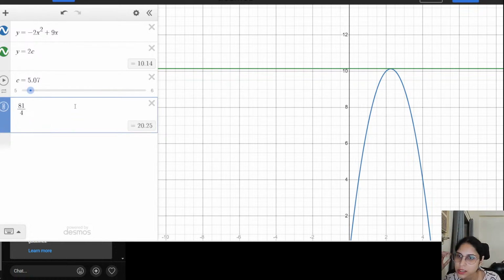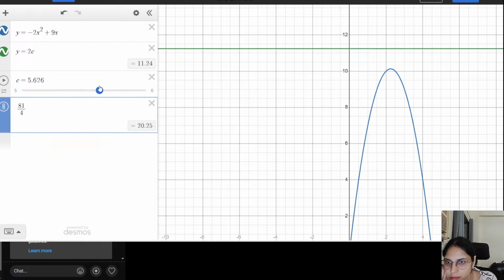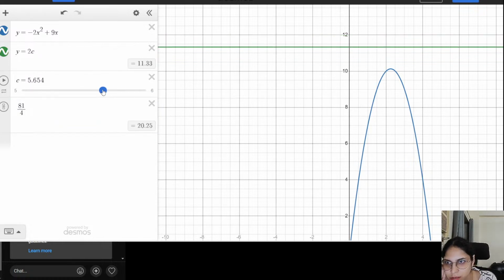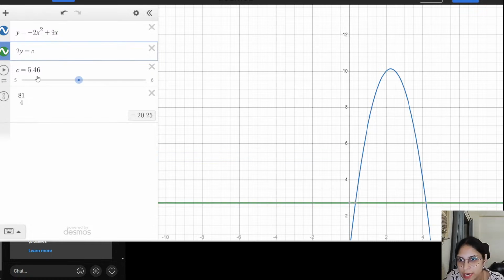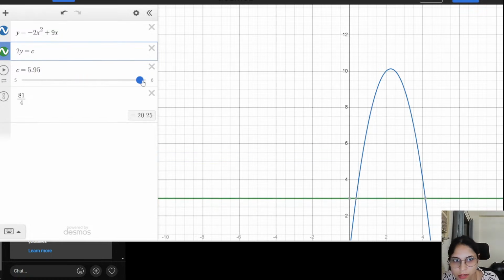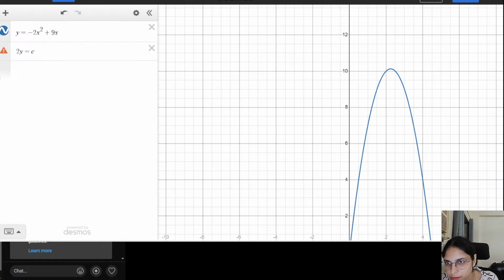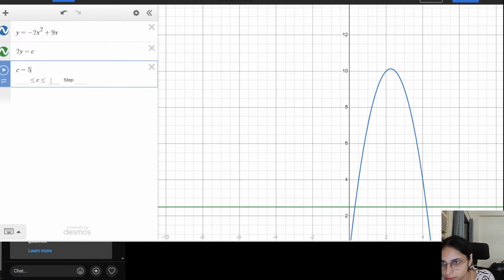20.25? Oh, I've written this wrong. It is 2y is equal to c. Let's go to 100 from negative 100.